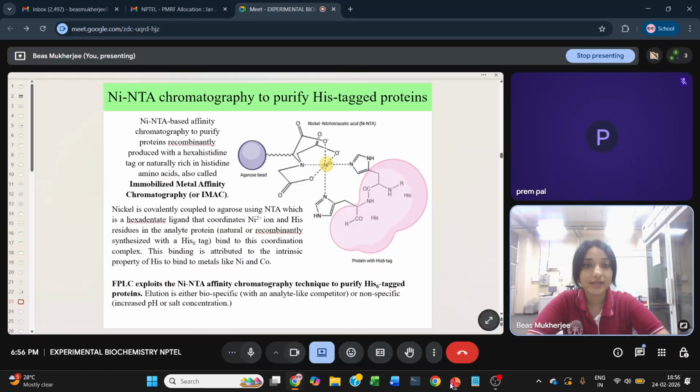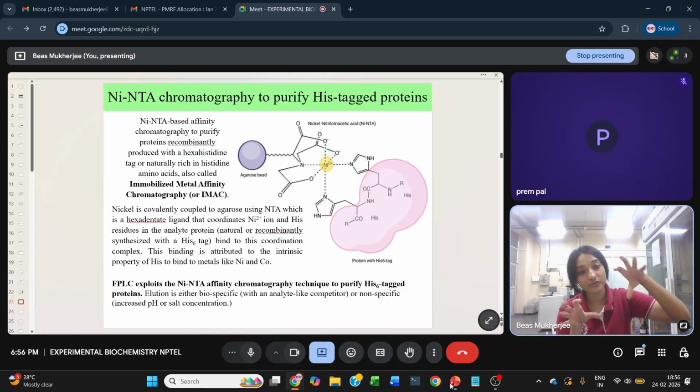Okay, now we'll look at Ni-NTA based purification. So this pink thing that you're seeing is the protein. The protein has these imidazole groups of histidine projecting out. These form a coordination complex with nickel or cobalt. Nickel or cobalt is bound to the agarose bead using NTA, which is nitriloacetic acid.